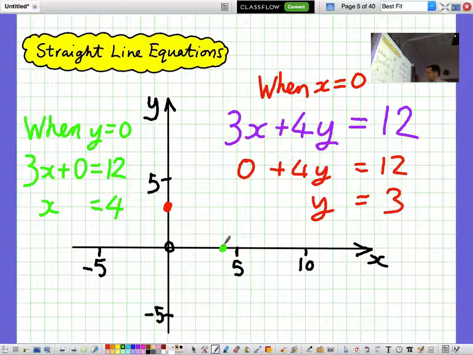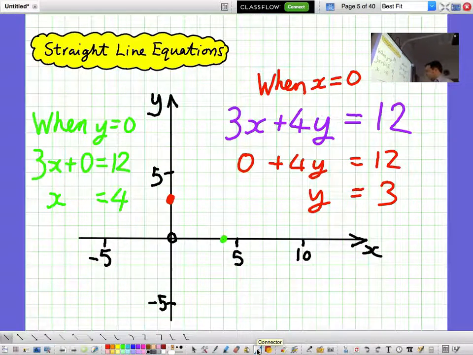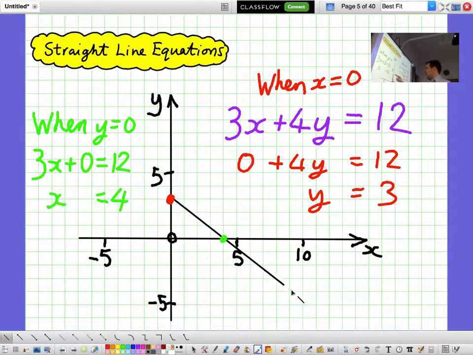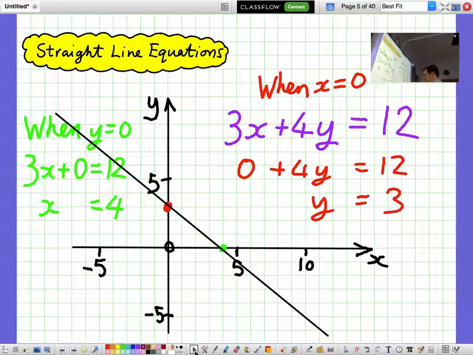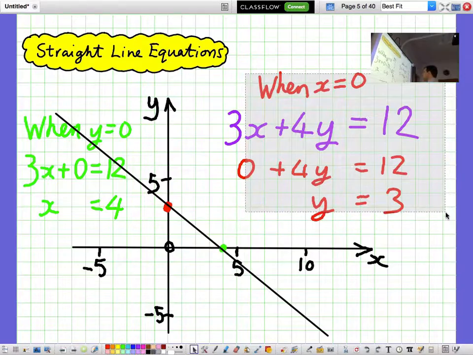Since we know it's a straight line and we've got 2 points on it, we can just join those 2 points up, and there's the straight line graph of 3x plus 4y equals 12, which I will just label again for good measure. Let's just get rid of all this stuff.